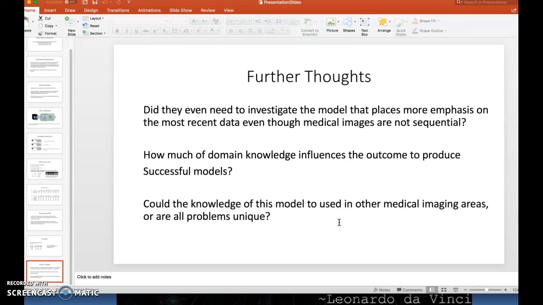And I feel like a lot of times academics come up with fancy models that are not practical because they need extra things to test and to write about. But how can this kind of knowledge be used in other problem areas so people can spend less time solving problems?